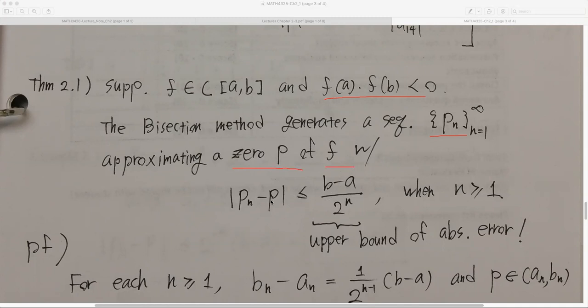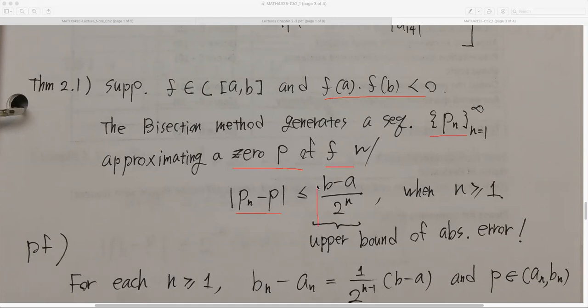Then Pn minus P is the absolute error, the absolute value of the difference between the approximate solution and the true solution. That's called the absolute error. This is bounded by b minus a over 2 to the nth power.